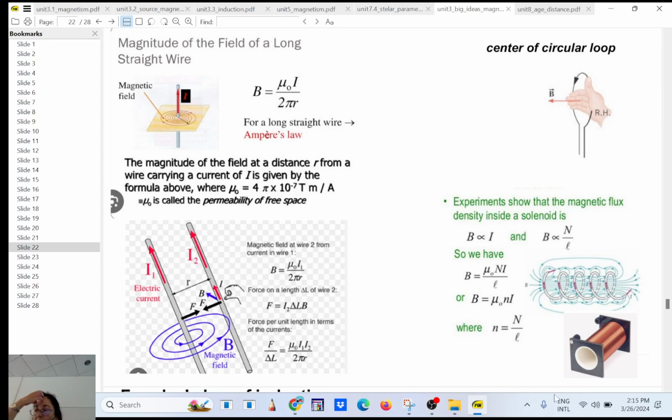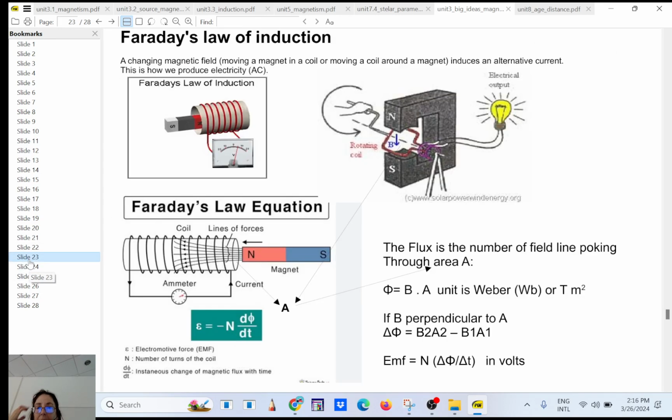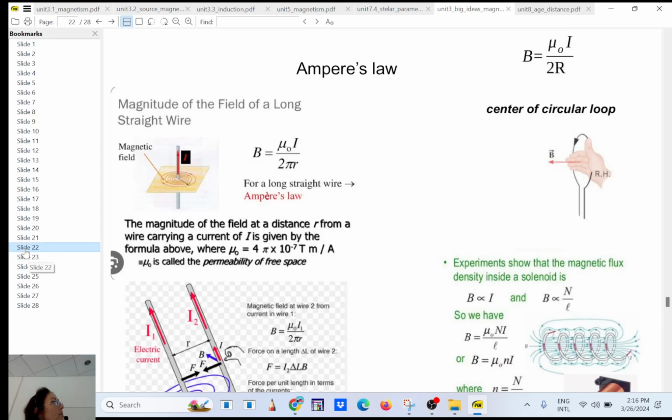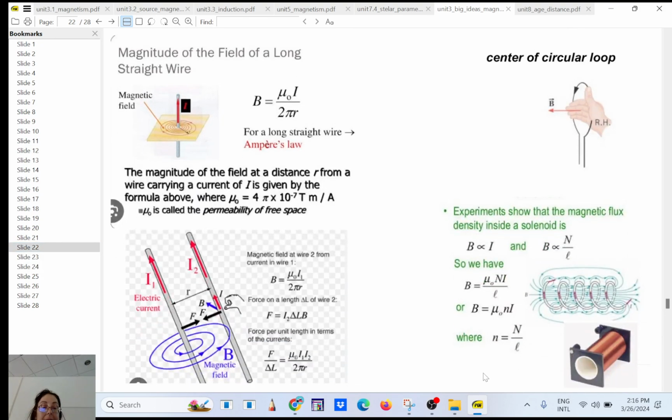So what else did I want to show you? This, yes. What did I say? You see, the magnetic field inside the solenoid depends solely on the current flowing through it and the number of loops per length.